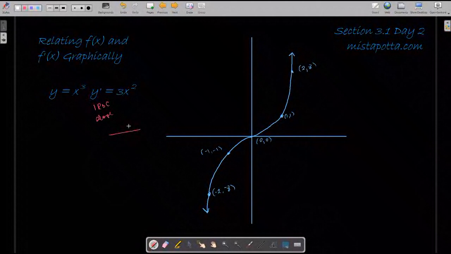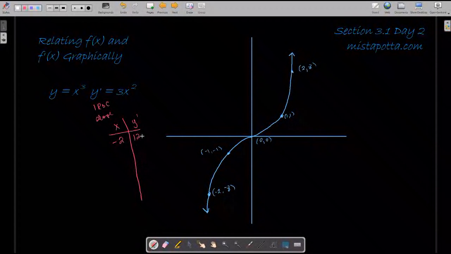So if I were to make a table of slopes, here's x and y prime. If I try this for a value of -2, -2 squared is 4, 4 times 3 is 12. And so that means that I'm expecting a slope of 12 when x equals -2.